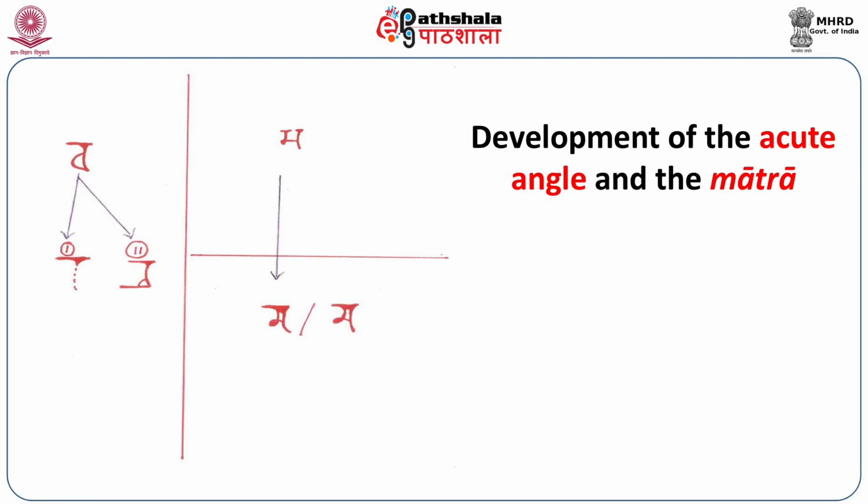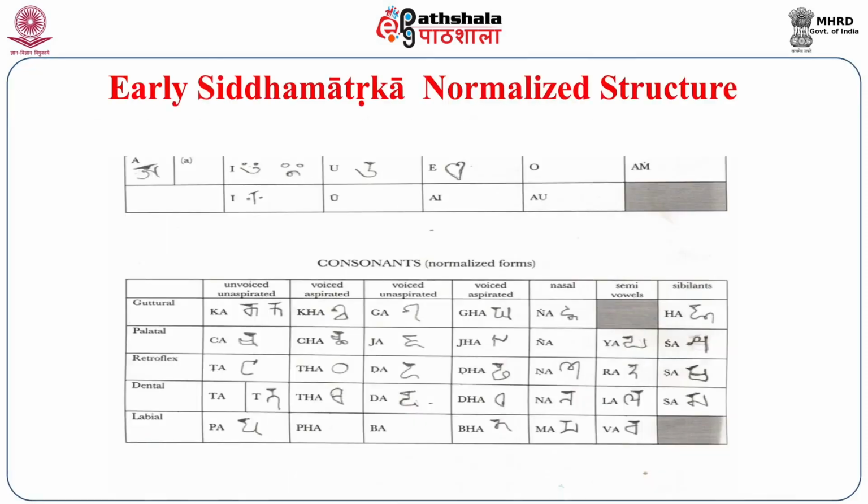Here we can see a single head mark or serif, which is now acting as a matra, being formed. The two head marks of the two separate elements of the vertical lines of the letters are now joined to form a matra. And the normalized structure of this Siddhamatrika will finally look like this.